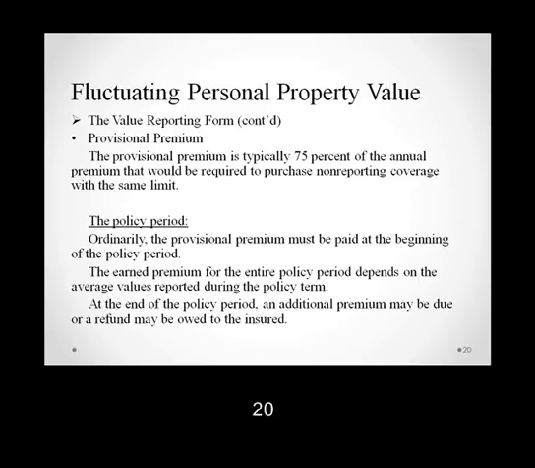Now, at the end of time, if the insurance company, according to the report that you filed, finds that the actual value of your inventory goes beyond 75% of your regular inventory, then the insurance company will collect more premium at the end.